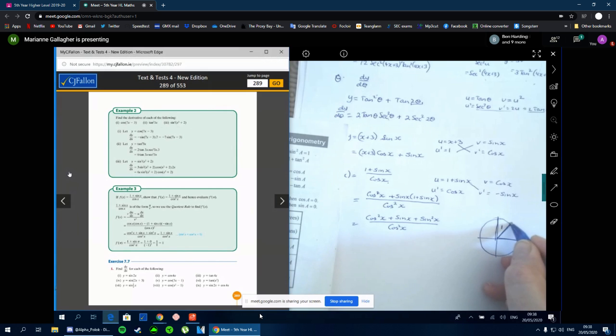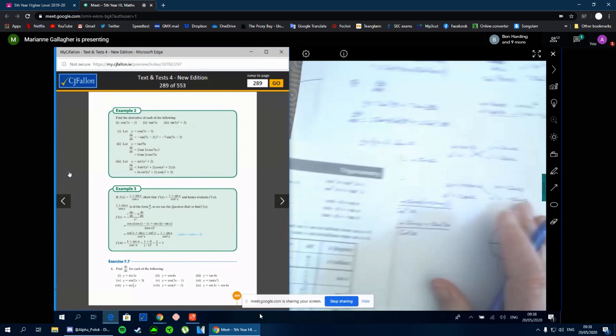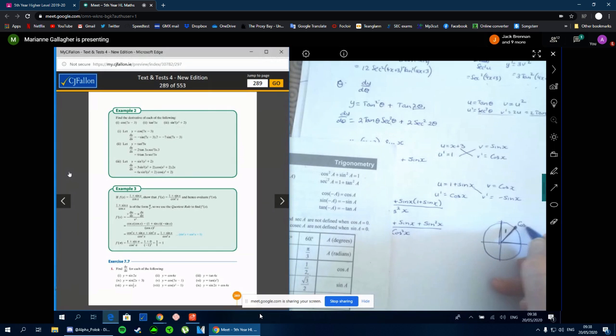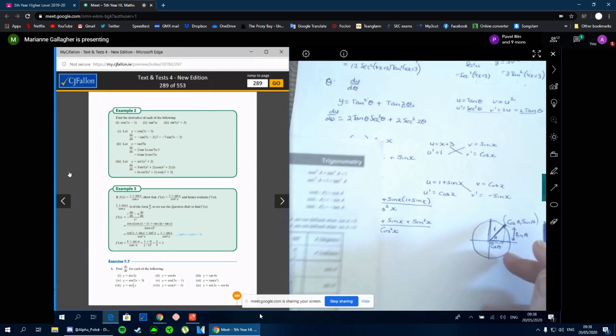Any point on the unit circle, and it's drawn here for you, is cos A, sine A, or cos x, sine x, or whatever you want to call your angle. So the x coordinate is cos, the y coordinate is sine. And using the theorem of Pythagoras, that squared plus that squared equals that squared. So cos squared plus sine squared is always equal to 1.